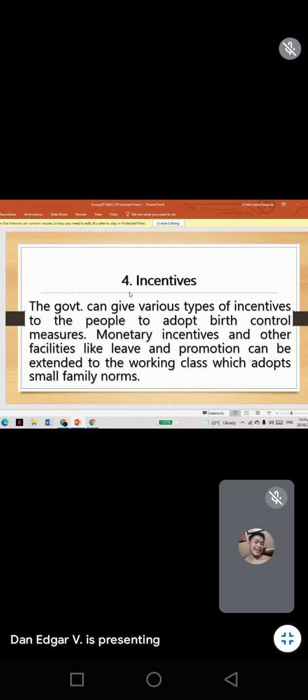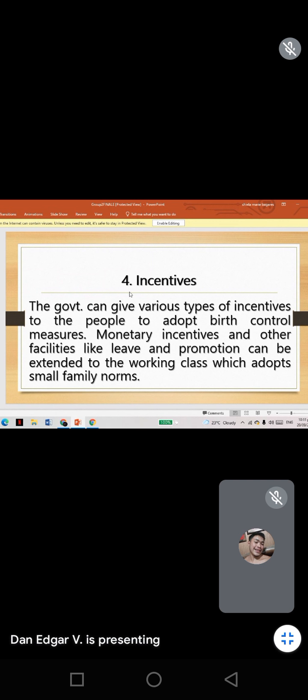So yung government, minsan nag-offer sila ng example like rewards or promotion para sa mga empleyado nila na to adopt ng birth control measures like leave or promotion. Parang binibigyan sila ng reward for doing such things.